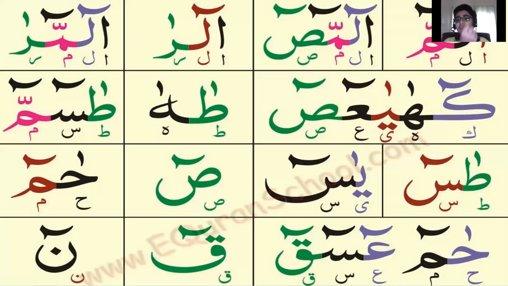Okay, kaf ha ya ayn sad. So here we read between the ayn and the sad a little like this. This is called ikhfa, taking the sound of the letter above to our nose.